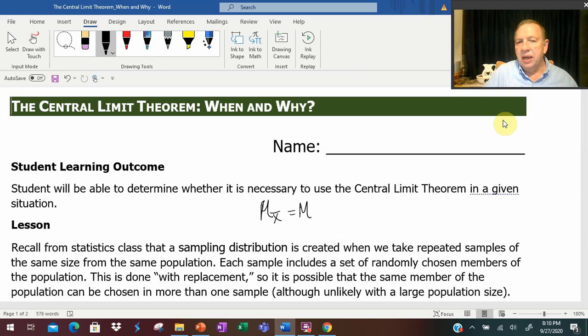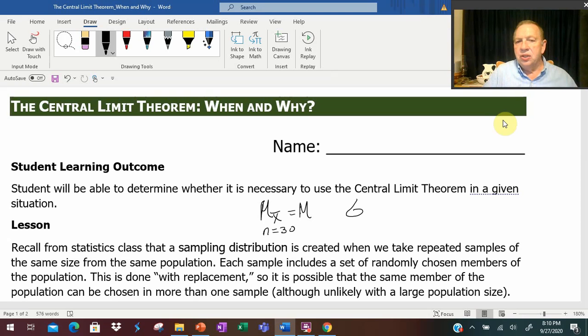So the mean of the sample means, if I took all the possible samples, is the mean of the population. This is for a particular sample size, so I couldn't use a bunch of different sizes. I would have to have some fixed size of the samples, let's say 30. That's a good number, and we'll see why. If we took a bunch of samples of size 30 and calculated the mean of those means, it turns out that they're related to the population mean.